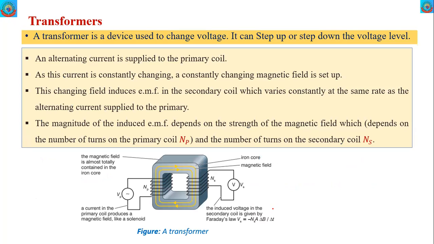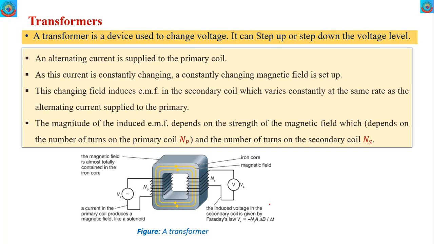The next part is the transformer. We are familiar with transformers in our daily life because we are getting electric power directly through transformers. In the vicinity of each of our regions, there are some transformers.